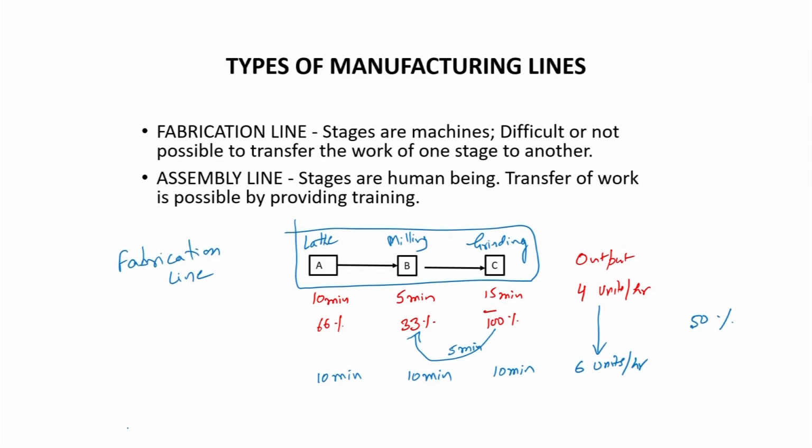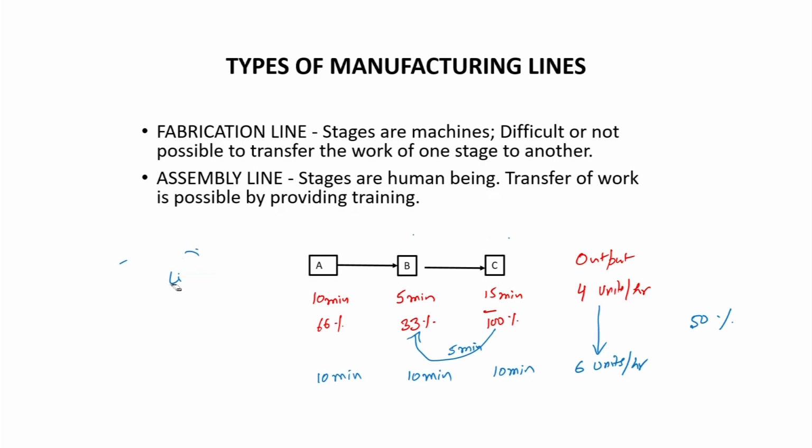On the other hand, if this is an assembly line, and these are the 3 workers, then obviously very easily we can shift the work from workstation C to workstation B, if these are human beings only, and they can be trained for activities, and work can be easily transferred from workstation C to workstation B. This is there when we are assembling it.